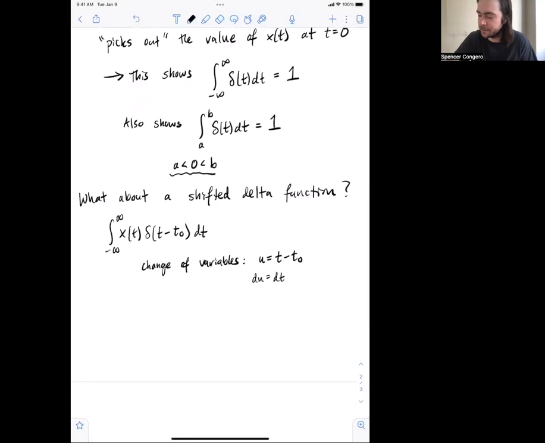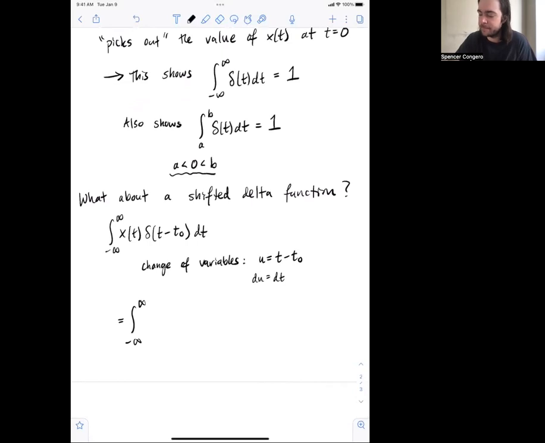Okay, so what happens when we make that change? Well, our old variable t goes from negative infinity to infinity. So if this variable is going from negative infinity to infinity, all I'm doing here is subtracting some constant. That's not going to affect infinities. So u is still going to go from negative infinity to infinity. Right? When t is negative infinity minus t naught, that's still negative infinity, and same with infinity.